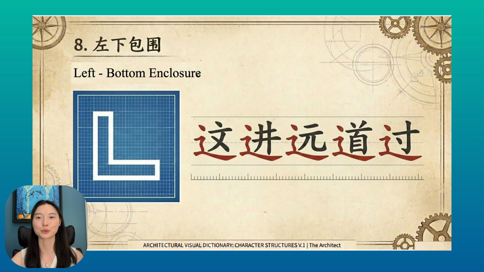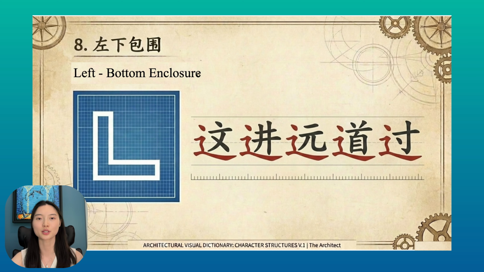Blueprint number 8, 左下包围, left bottom enclosure. The frame wraps around the left side and the bottom, like an L bracket holding the component. 这, 进 to enter, 远 far, 道 road, 过 to pass, to cross. You have spotted the pattern.